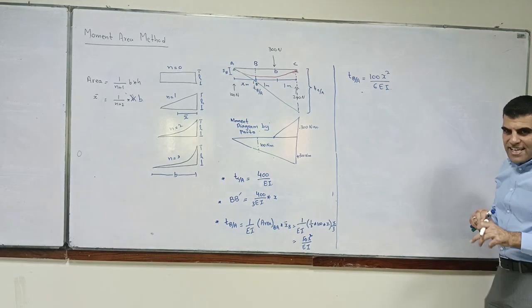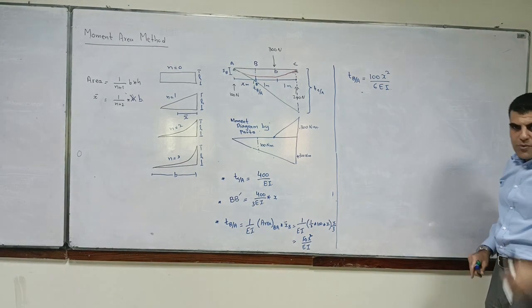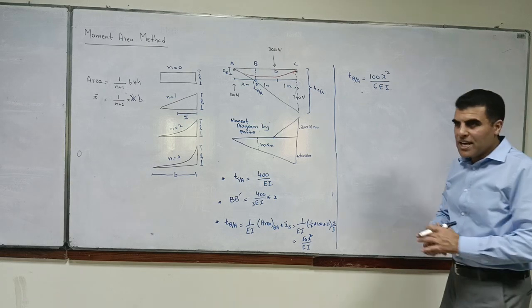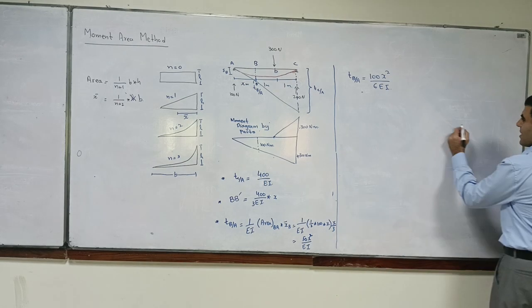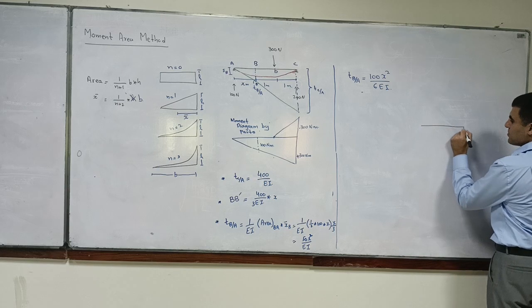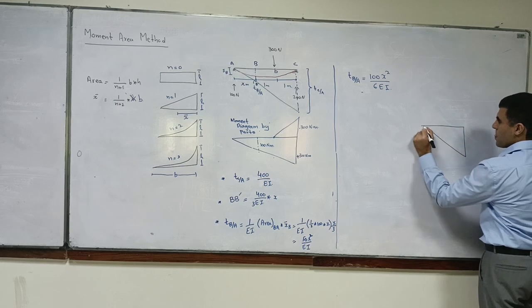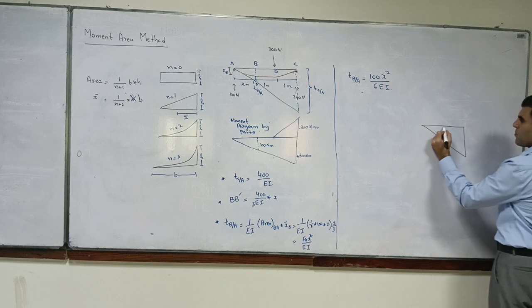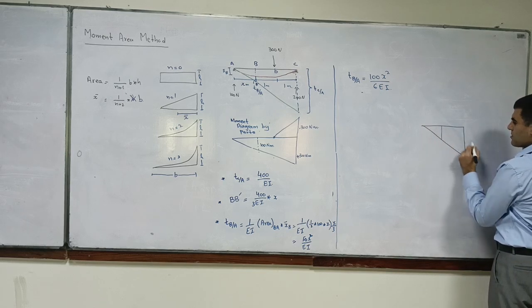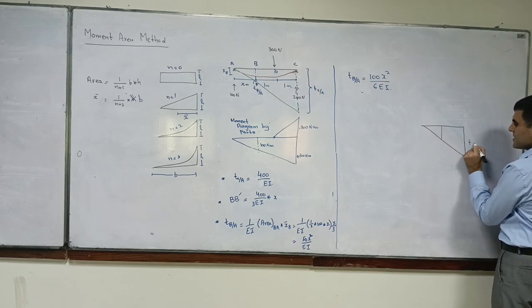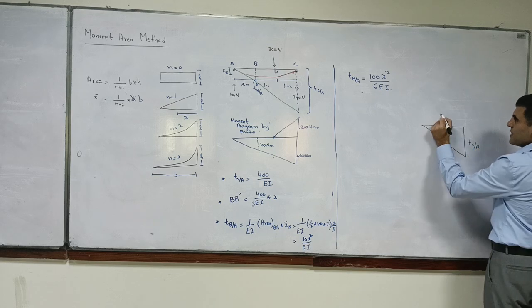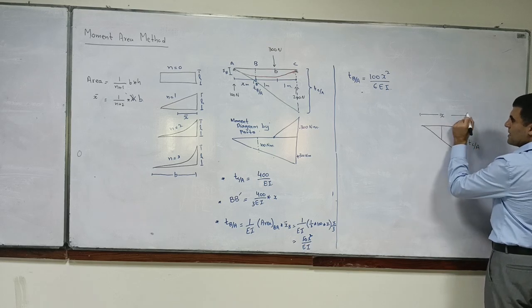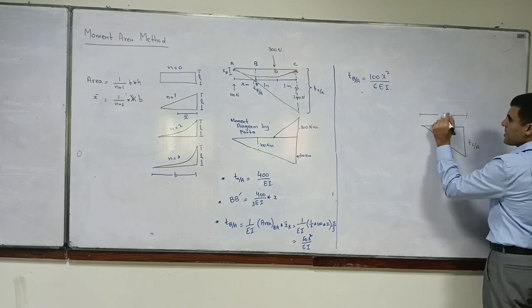Guys, I think you need to revise your A levels. Okay, again. Look, this is our triangle. This is TC by A. This is X. This is 3.